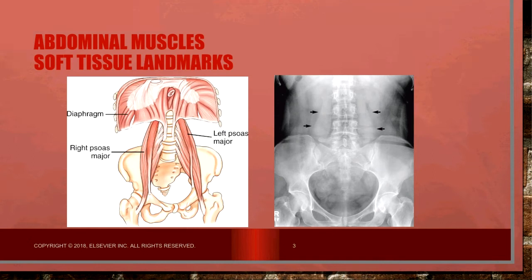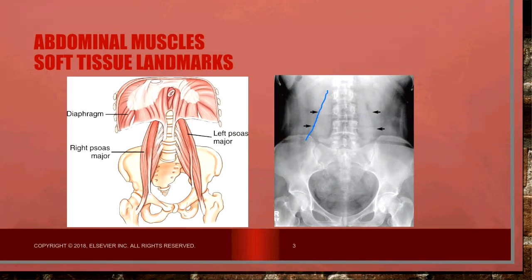When we look at the muscles and the soft tissue landmarks, in this radiograph you can see these arrows are pointing to the psoas major muscles. If we were to outline those, you can see it coming down just like this on this side, and just like this on this side.